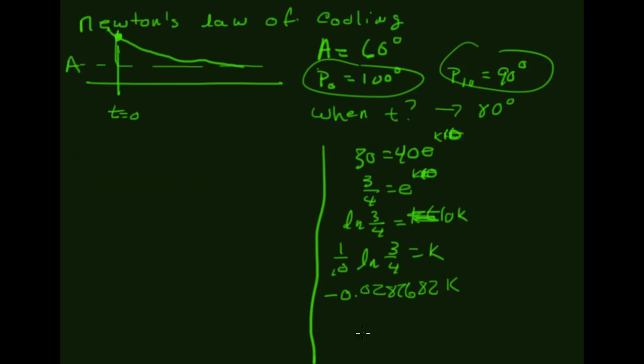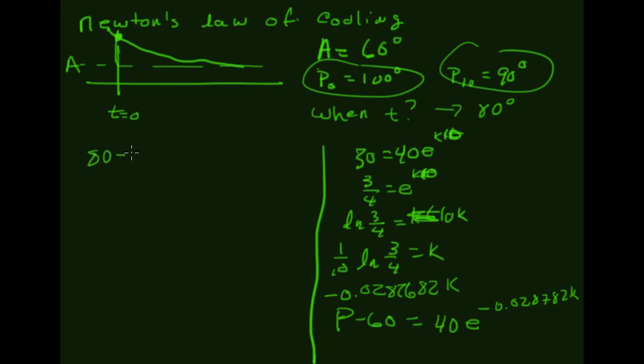And we'll keep going. This means that P minus 60 is 40 times e to the negative 0.0287682t. I want to know when I'm at 80 degrees.